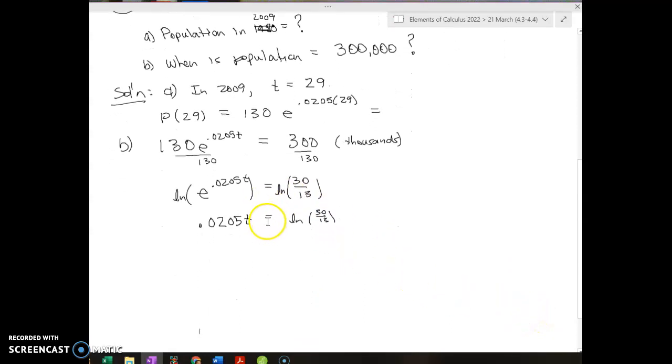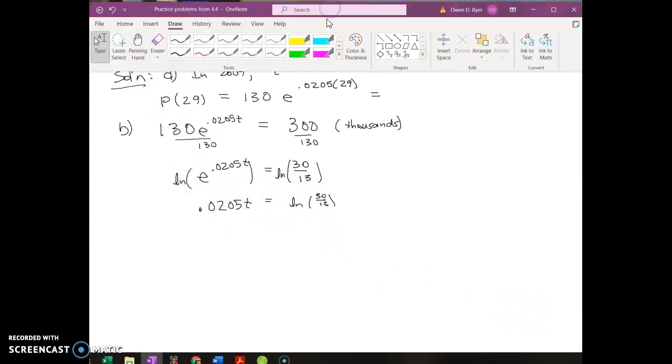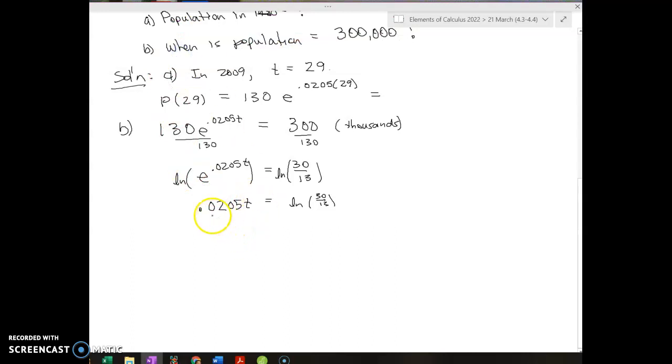And then we just have to divide both sides by 0.0205. So t is the natural log of 30 divided by 13 all over 0.0205. Of course, that has a decimal value, and that'll be in years.